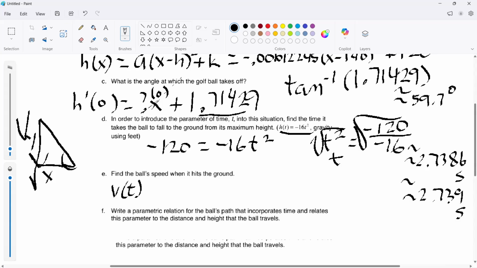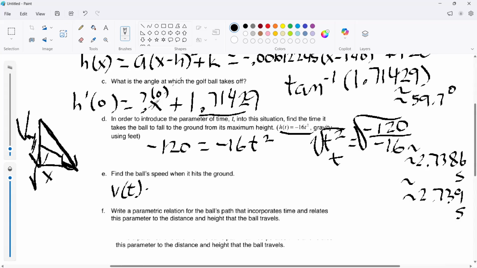If I know the launch angle is 59.7, so is the landing angle. I'll take the arcsine of the landing angle, which equals the velocity with respect to y, what I'm about to find, divided by the final velocity, which is also the same as the initial velocity.